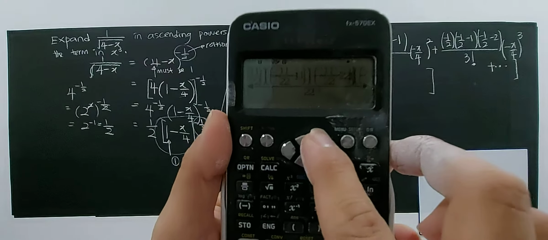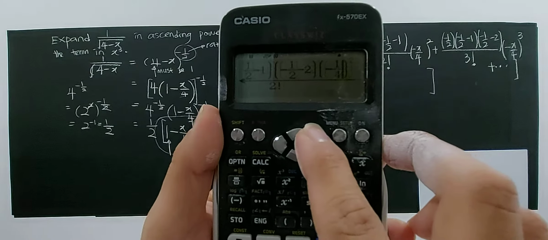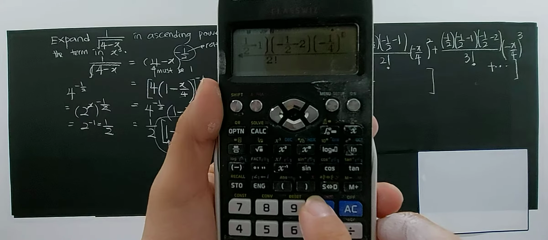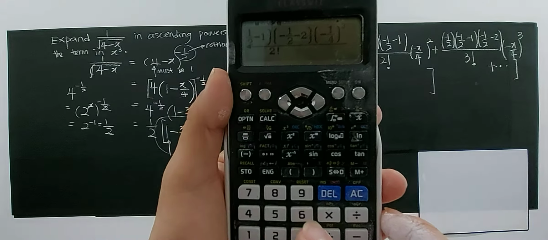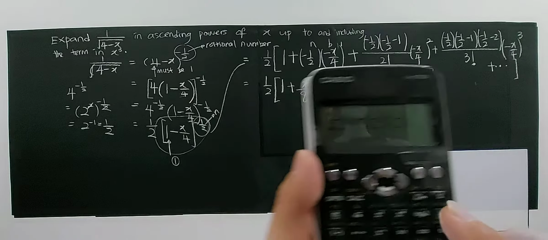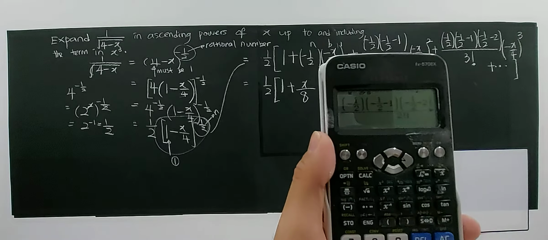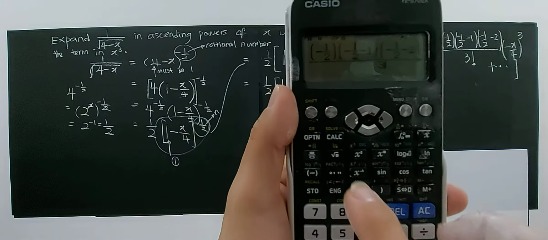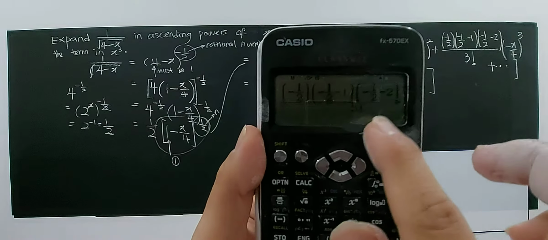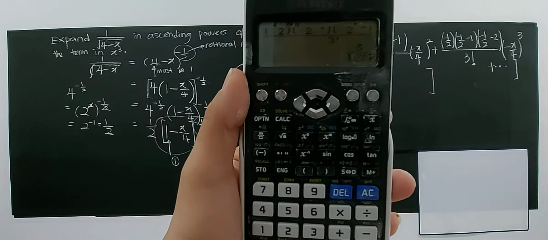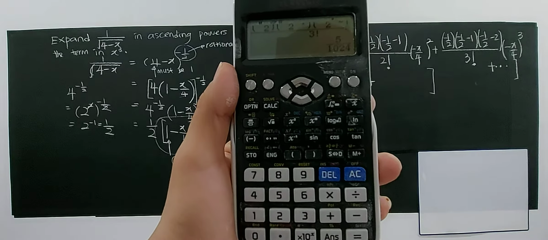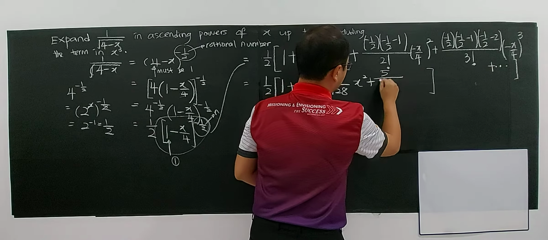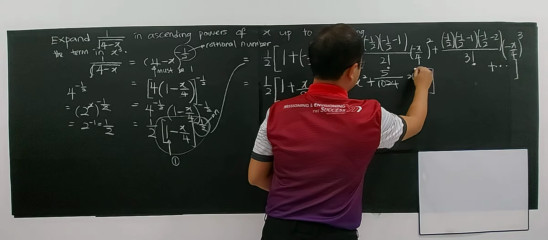Negative 1 over 2, and for this you have to change the power of 2 to power of 3. Now it's negative 1 over 4 to the power of 3, and go down you have 3 factorial. Now you have changed everything. You press equal, then you have 5 over 1024, which is x to the power of 3.